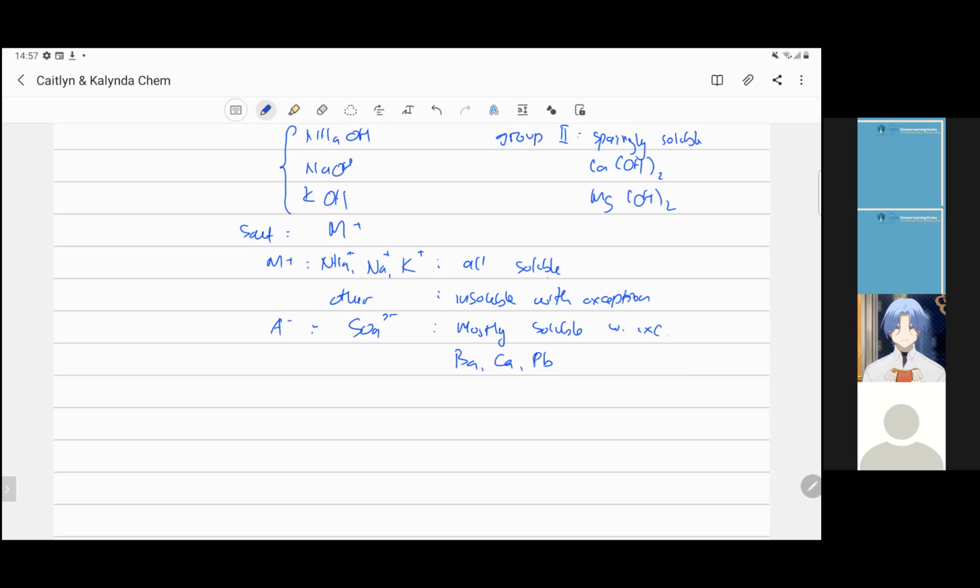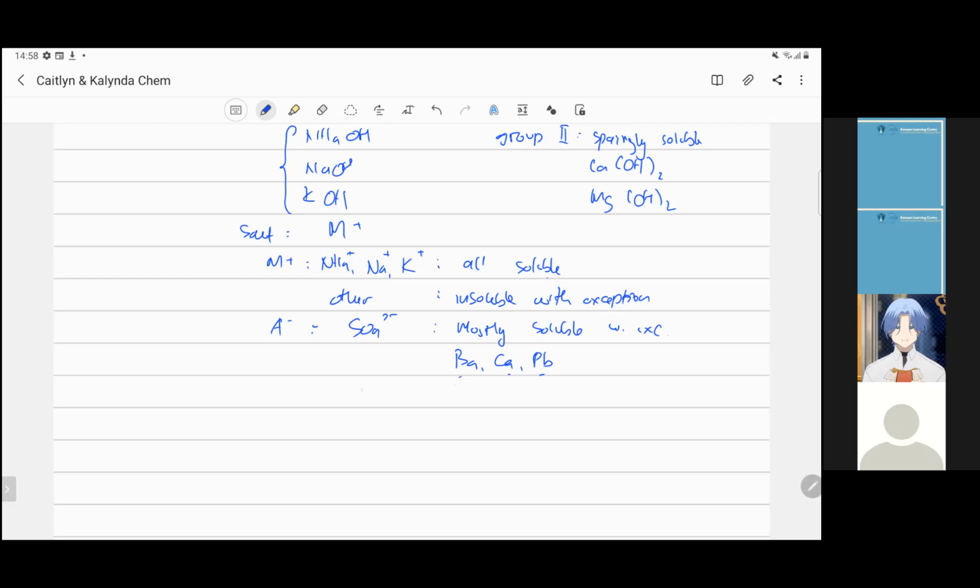Sulfate comes from sulfuric acid, a very strong acid. Normally, if we have them from strong acid, they're going to be soluble. But if the first part of them is heavy metals, barium, calcium, and lead, the sulfate is not enough to float them. So they're going to sink, become insoluble.